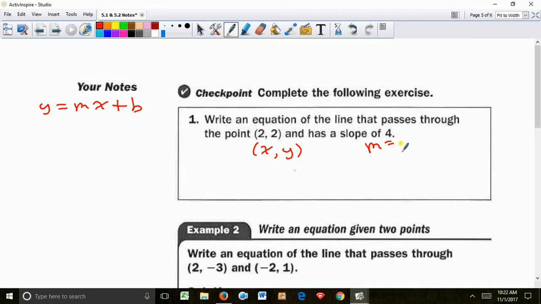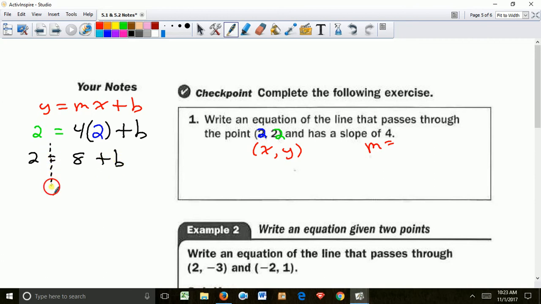We're going through the point (2, 2), so plug in 2 for y and 2 for x. The slope is 4, so plug that in for m. Now you get the equation 2 is equal to 4 times 2 plus b. Simplifying this, you get 2 is equal to 8 plus b.